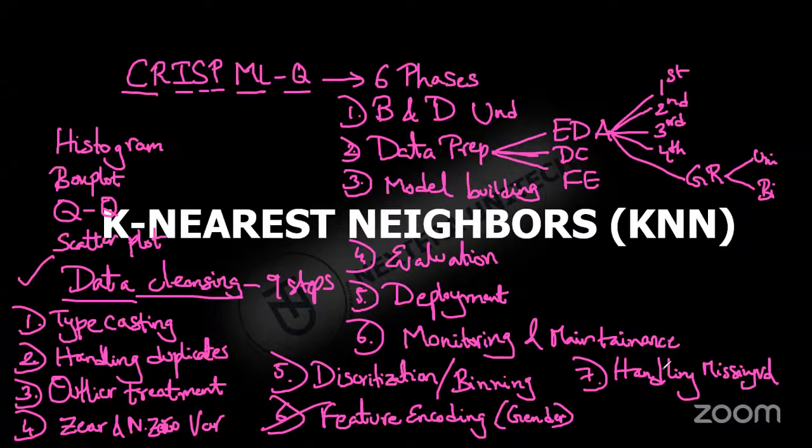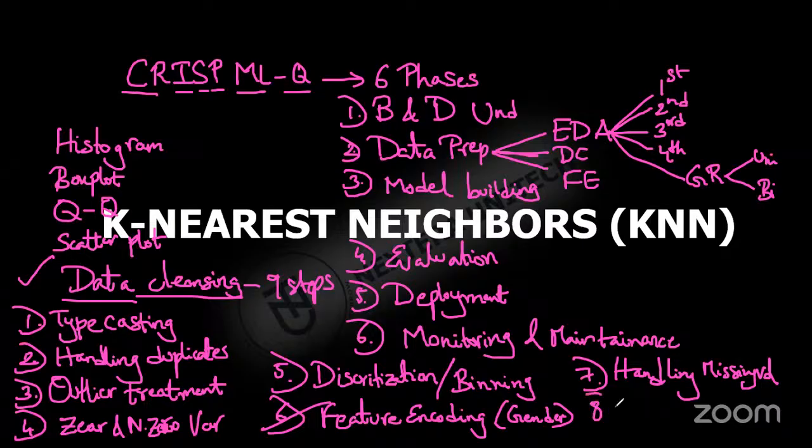When there are no outliers. If I don't have outliers in the column, I'll go with the mean imputation, guys. If I have outliers, we'll go with the median imputation. If I'm working on a non-numeric column and I want to perform imputation, I'll go with the mode imputation.